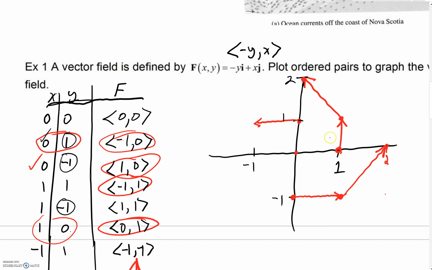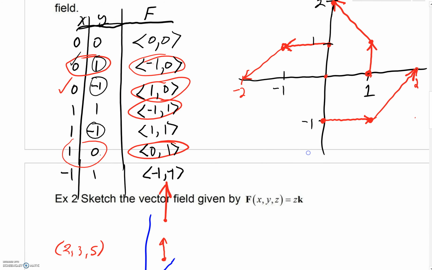And then finally, negative 1, 1 is this point right up here. We're going to go left 1 and go down 1. It's going to look something like that. So, guys, this is what a vector field could look like. You're showing that you go to any particular point, any particular ordered pair, and you will have a vector.